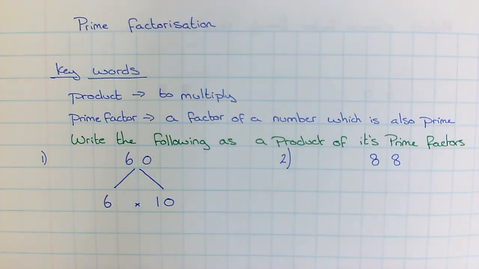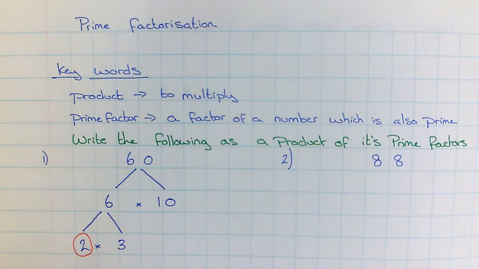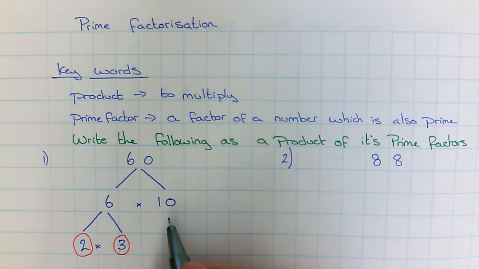Now neither of those two numbers are prime numbers, so I need two more branches coming off the 6, which would be 2 times 3, two numbers again that multiply together to make 6. Now 2 is a prime number, so I'm going to circle it. 3 is also a prime number, so I'm going to circle that one as well. And then I'm going to stop.